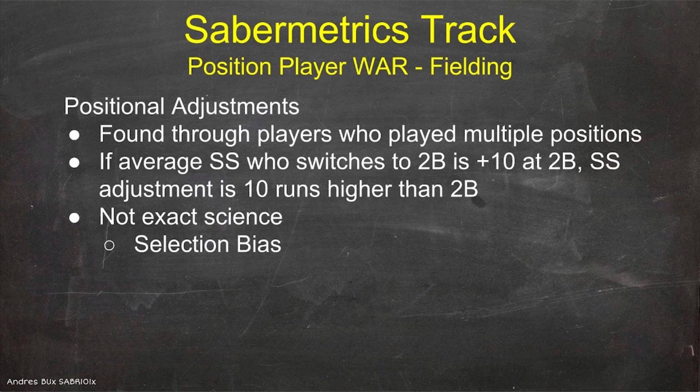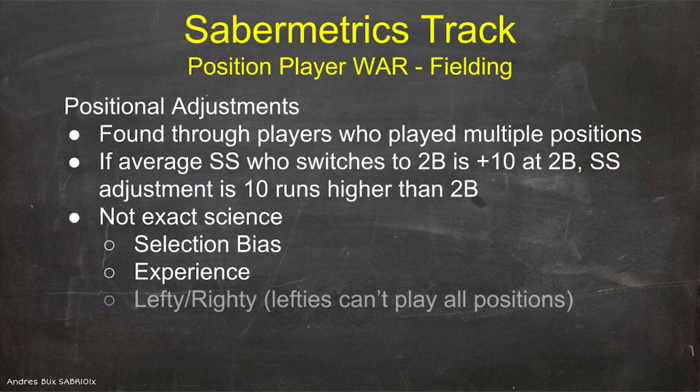There's also a selection bias because the players moving positions aren't necessarily the average players. They might be slightly below average, the player that's moving around. The experience is what I was referring to before. Players have different experience levels at different positions, and this might impact this research study in positional adjustments. There's also a problem with lefty and righty throwers.